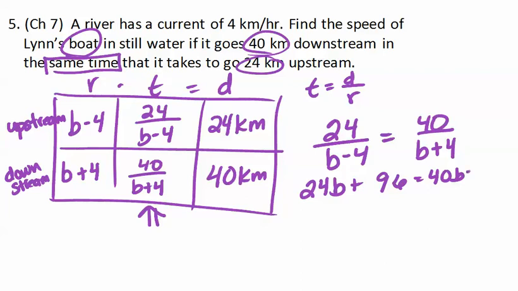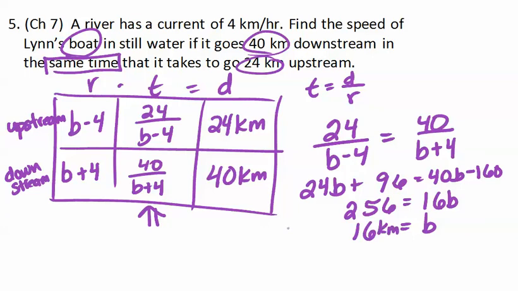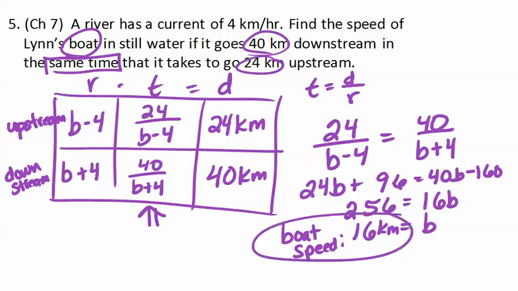And negative 4 times 40 is negative 160. So it looks like we've got 16b if we go to that side, and 256, and 256 happens to be 16 squared. So the boat speed, if there were no current at all, would be 16 kilometers per hour.